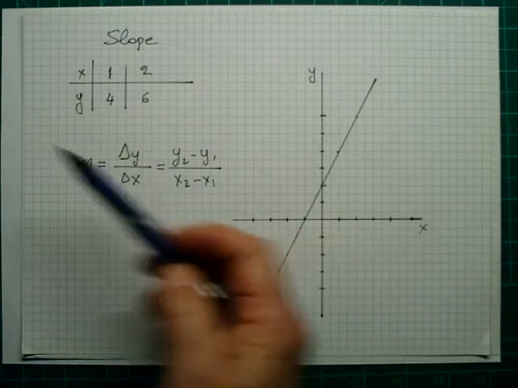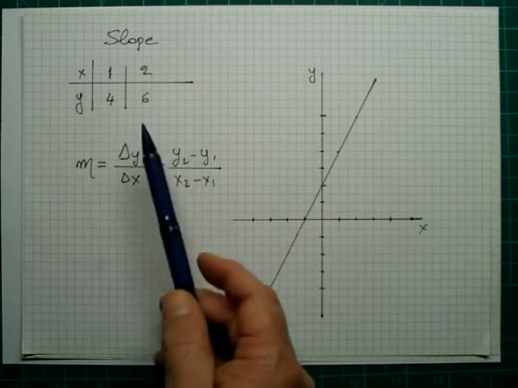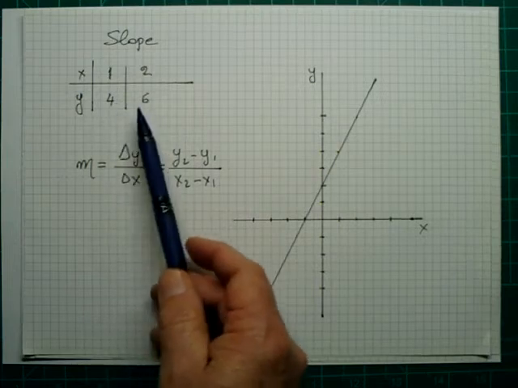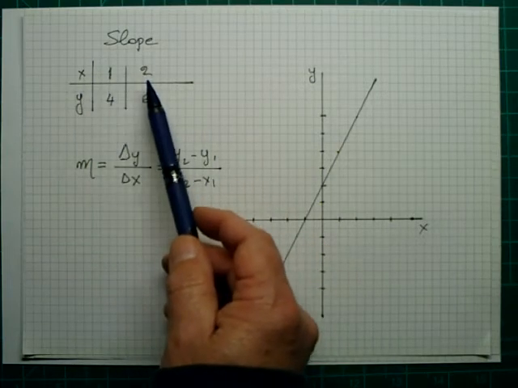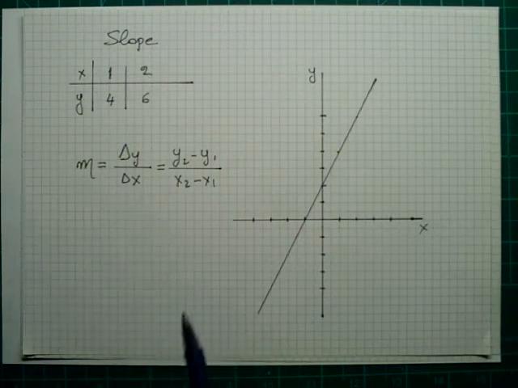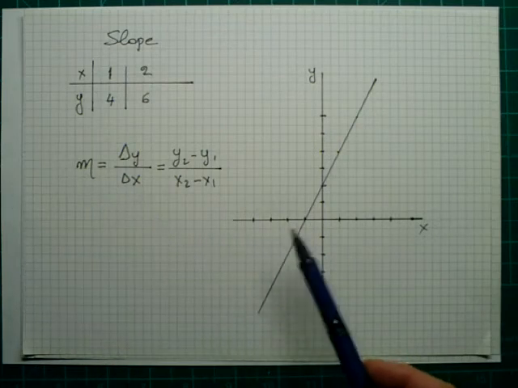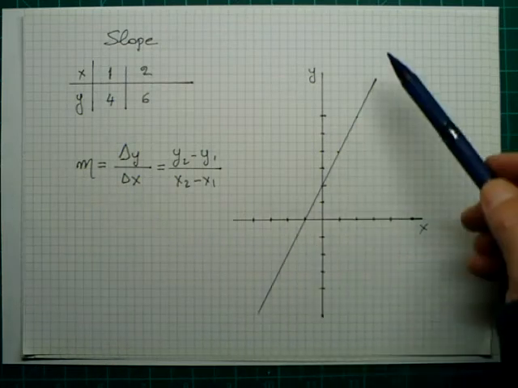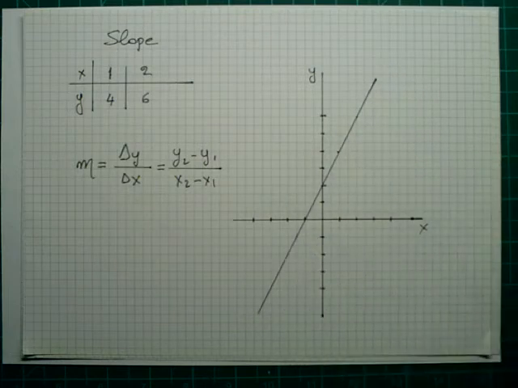Slope is the ratio of the change in y over the change in x. An easy way to remember this is rise over run.